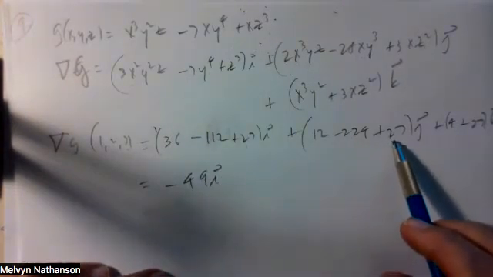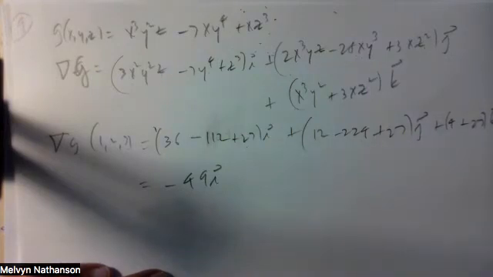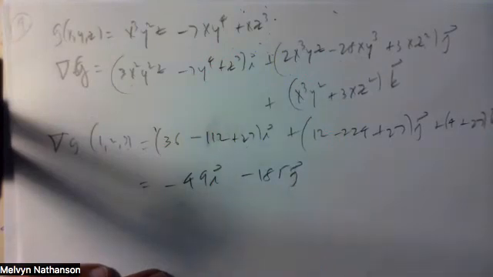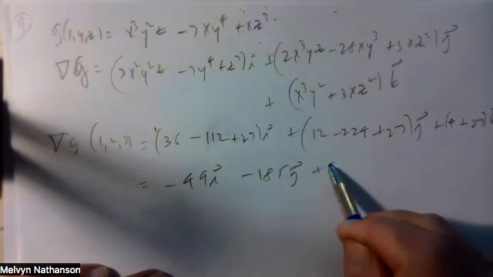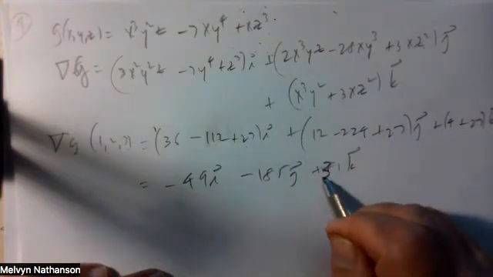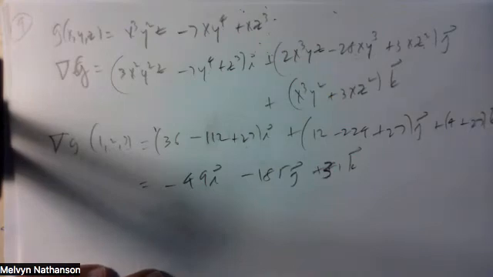And 12 and 27 is 39. And 224 minus 39 is maybe 185. Plus 81. So I would have to check this, but 4 plus 27 is 31. So the gradient of g is something like this.